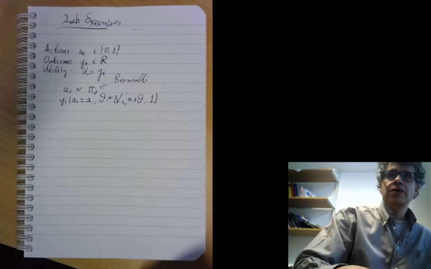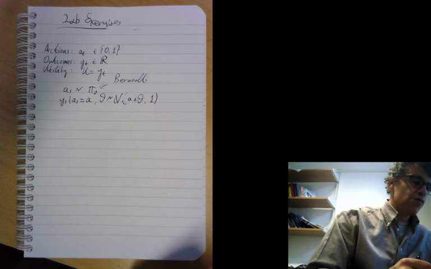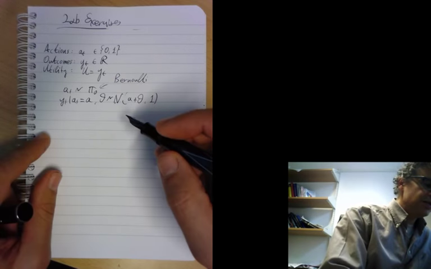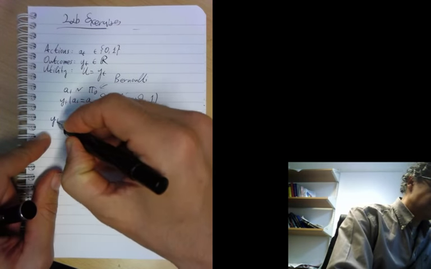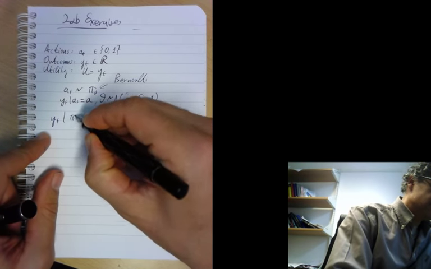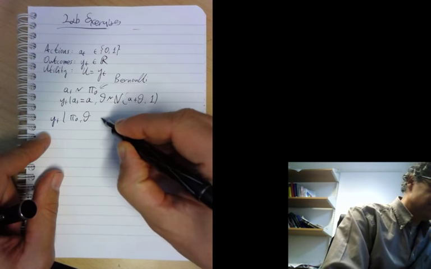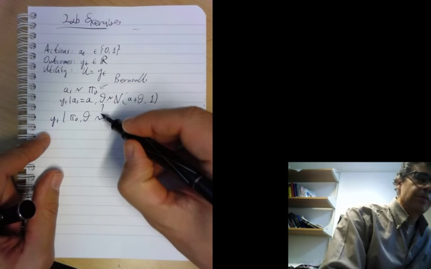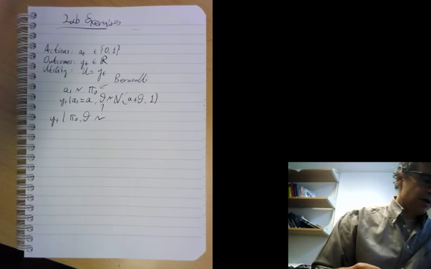Now, what do you think is the distribution of y_t if we know pi 0 and theta? Any guess?